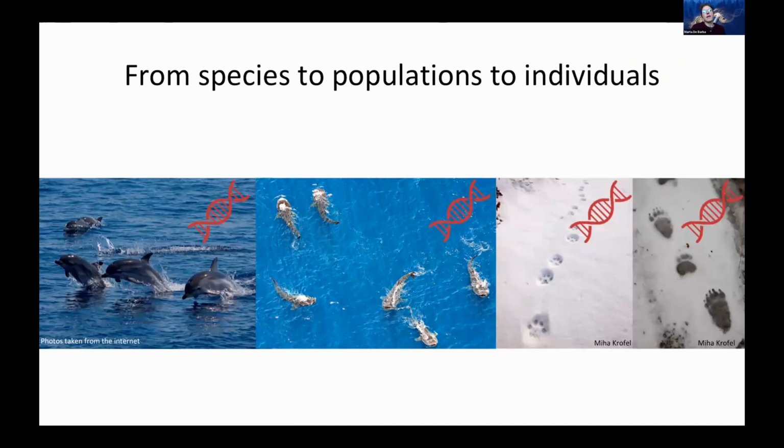So far, I mainly talked about examples related to focusing on species detection in ecosystems or in animal diet. But as I mentioned before, more recently, eDNA methods are also allowing us to get insights into intraspecific variation in populations and also in individuals.